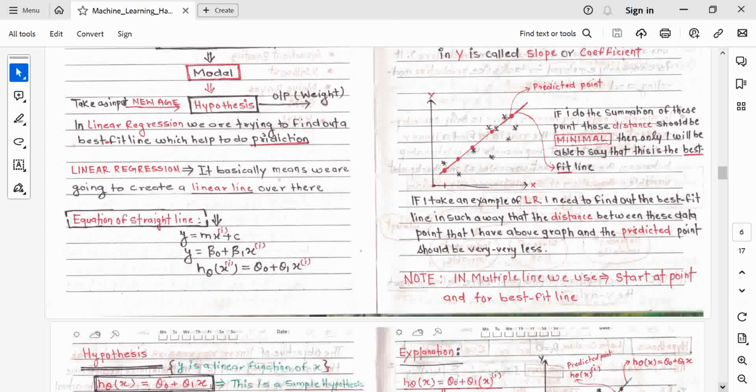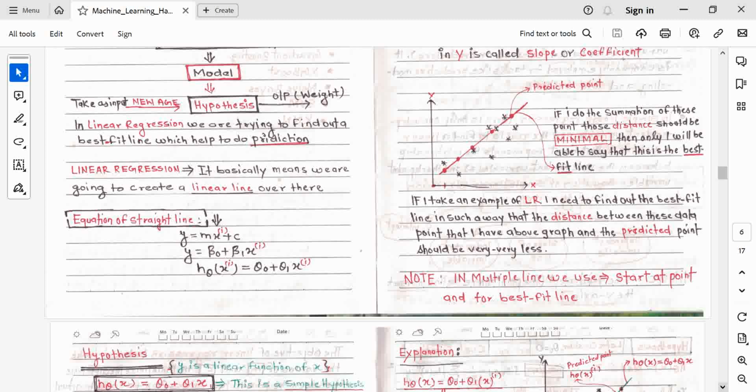The equation of a straight line we have already discussed: y equals mx plus c, and it will also have notations. In a machine learning algorithm, guys, we have to use some notations so that everyone can understand, related to machine learning.